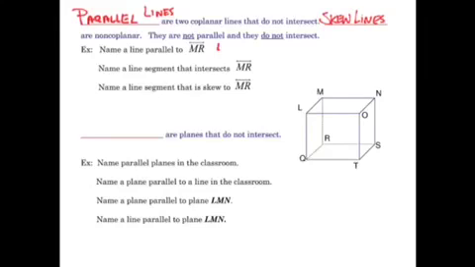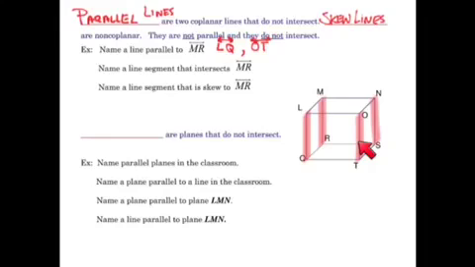So if we want to name a line parallel to MR, that's going to be LQ, and that's going to be OT. There's MR, and those are the lines that are parallel to it. If we think about the plane that goes through them, it's easy to see over here what the plane is, but if I have MR and OT, there's a plane that runs through them like that, through the diagonal of the box.